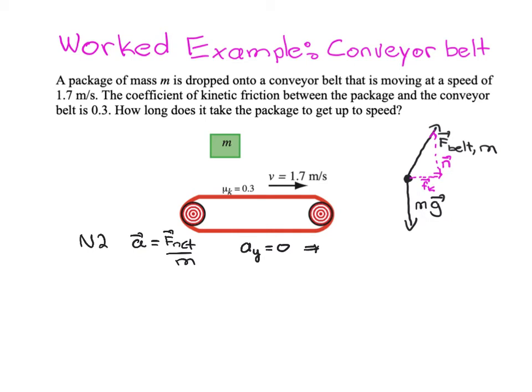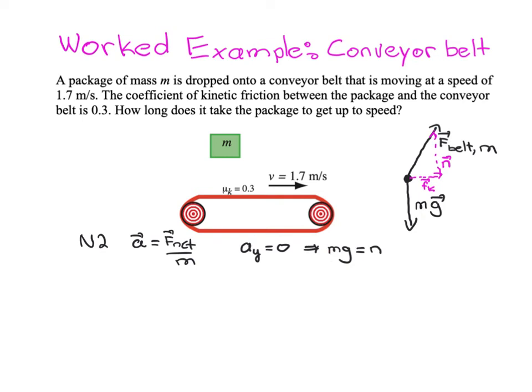And that just implies that the magnitude of the downward gravitational force, mg, is equal to the magnitude of the normal force, this normal component of the contact force. So we know the magnitude of N is equal to mg.